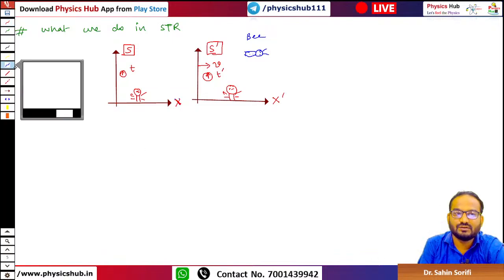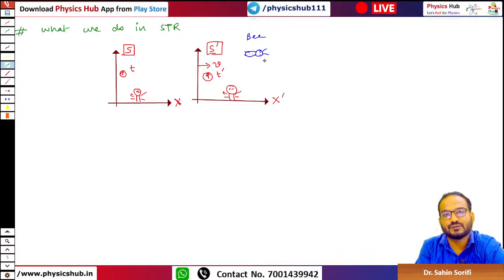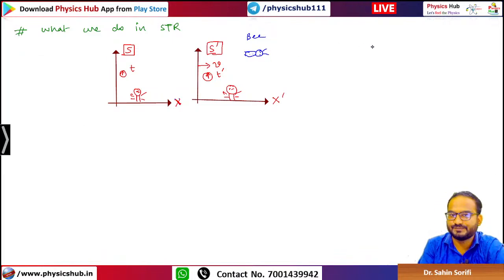Now in STR, our job is to see how this bee is changing its coordinates, its velocity, its acceleration. Let's say the bee is here. Now if it goes to this position, how does its position change? If this observer records the position coordinate, he will note down x, y, z, t.